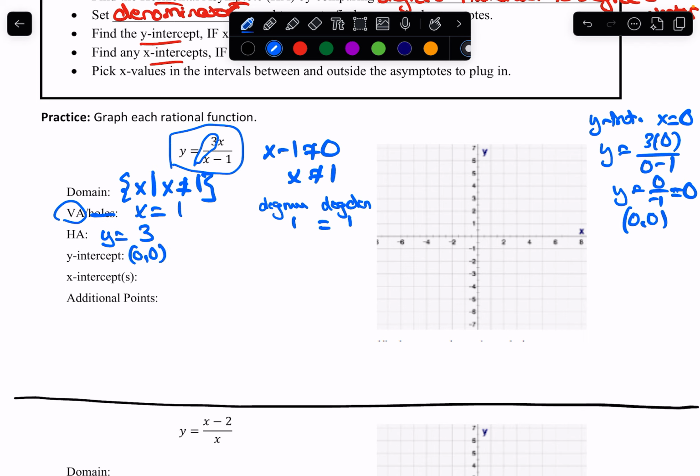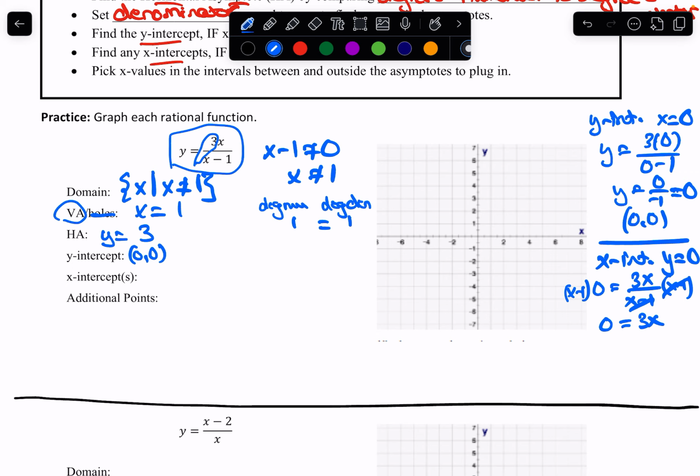Then we're going to figure out our x-intercept, set y to equal 0. So 0 equals 3x over x minus 1. Well, we're going to have to multiply by x minus 1, which means that these cancel out, and then we get 0 equals 3x.